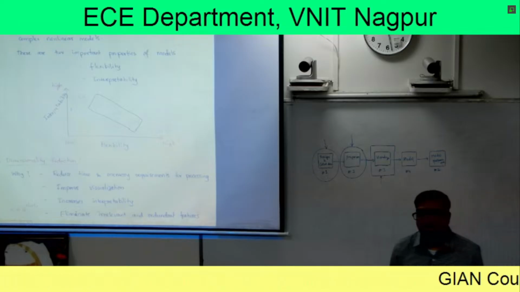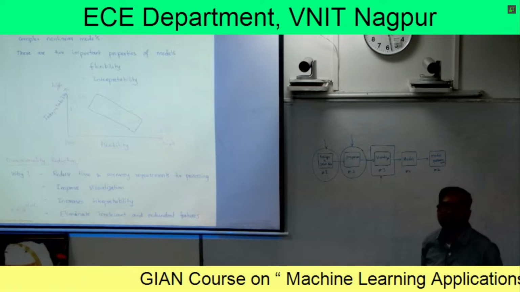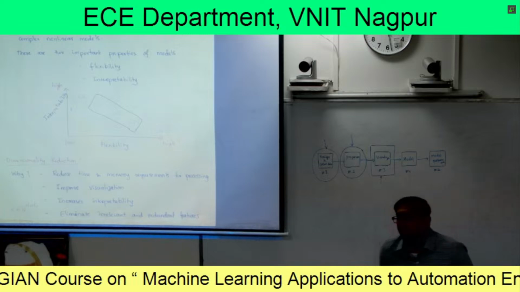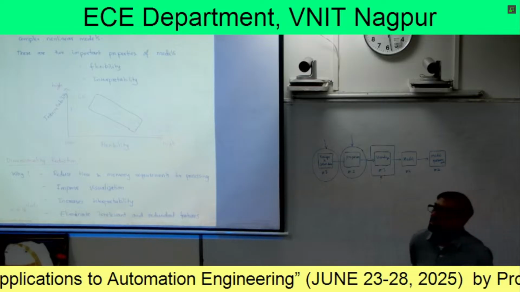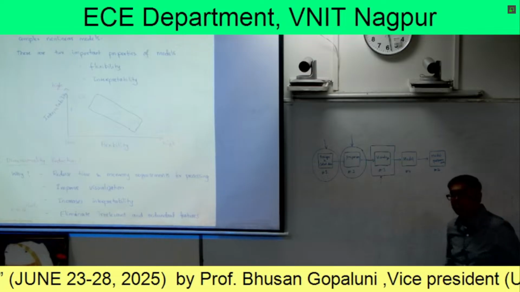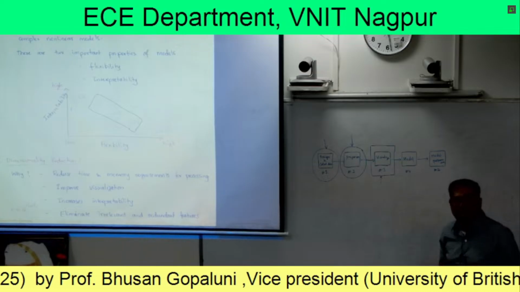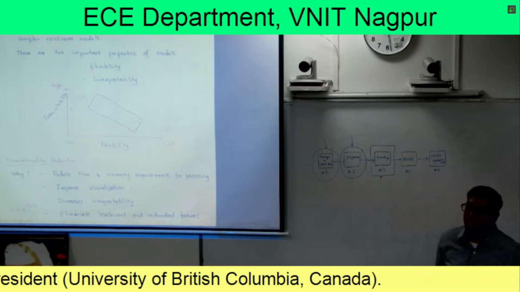Right. So you can build first principles models, that's not a problem. But not all processes are amenable to building high quality, high fidelity first principles models. What do I mean by that?